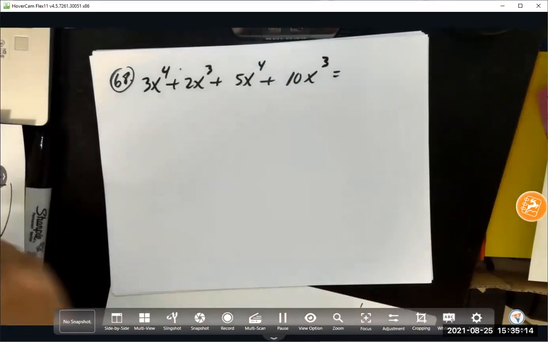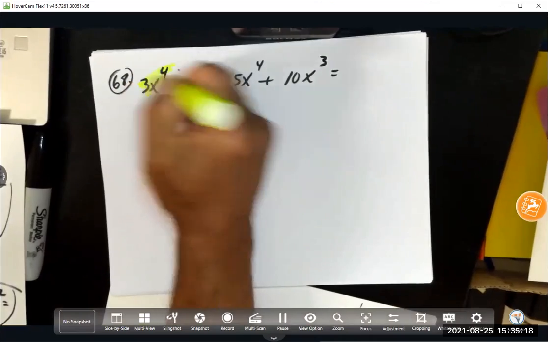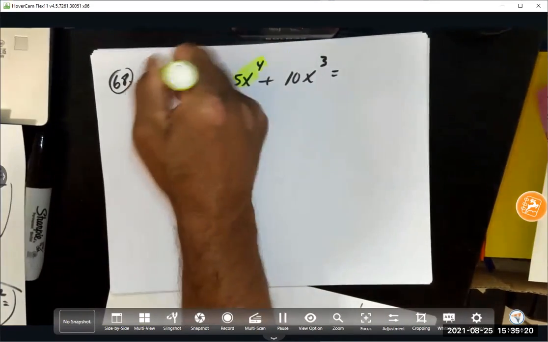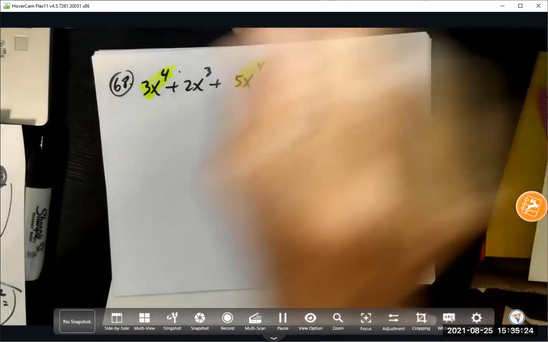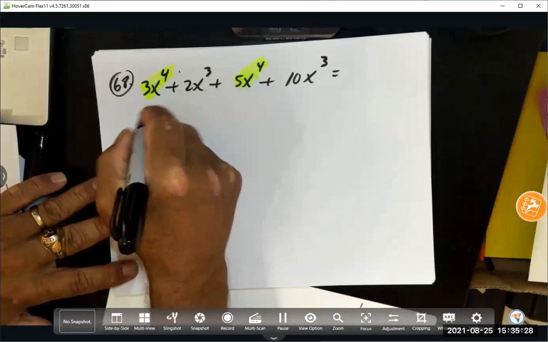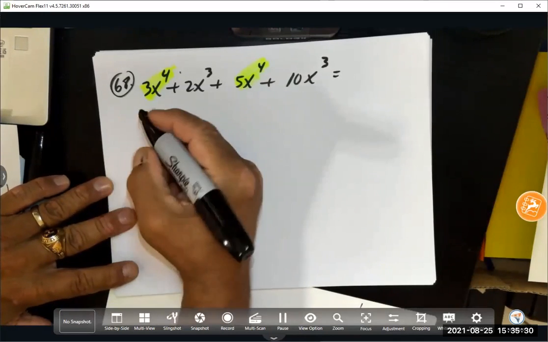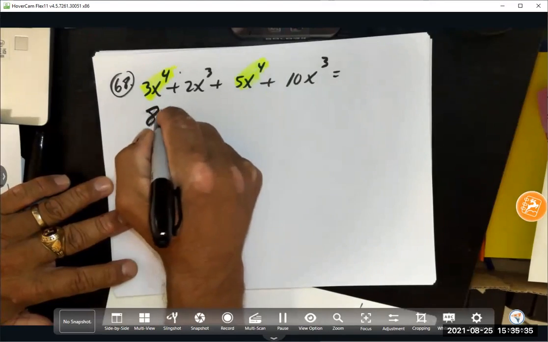Okay. So now, first question I'm going to ask you is, can I add this one and this one together? Yes or no? Yes. How much do you think that's going to be? 8x to the 8th power. Oh, no. That's okay.